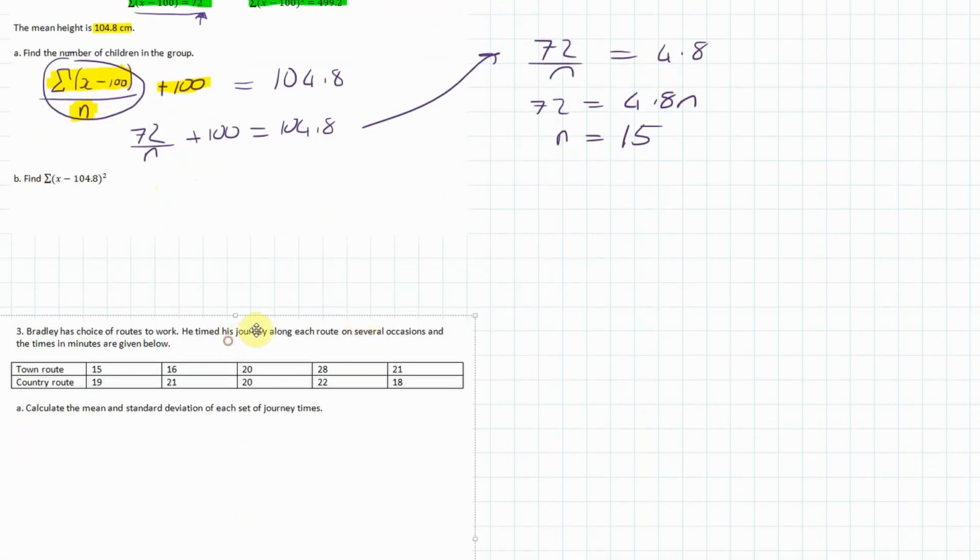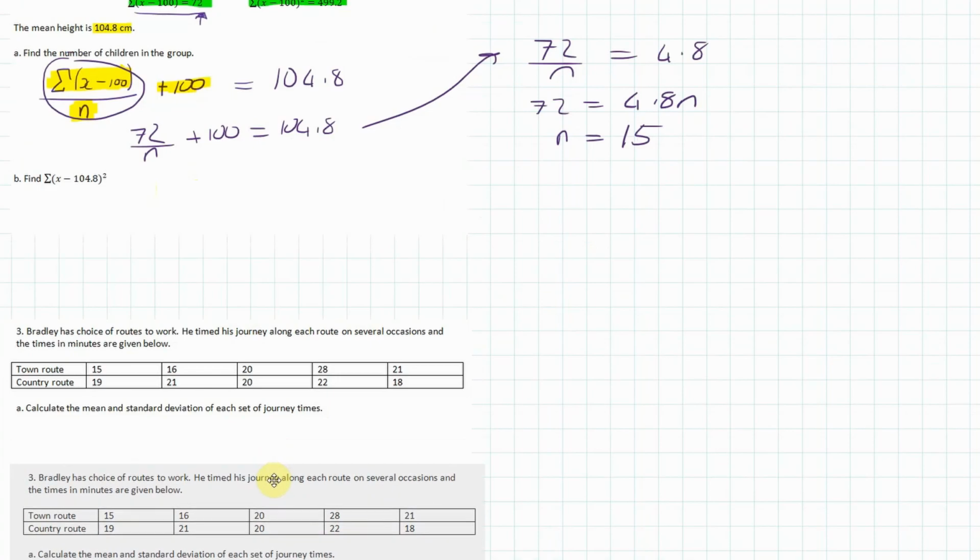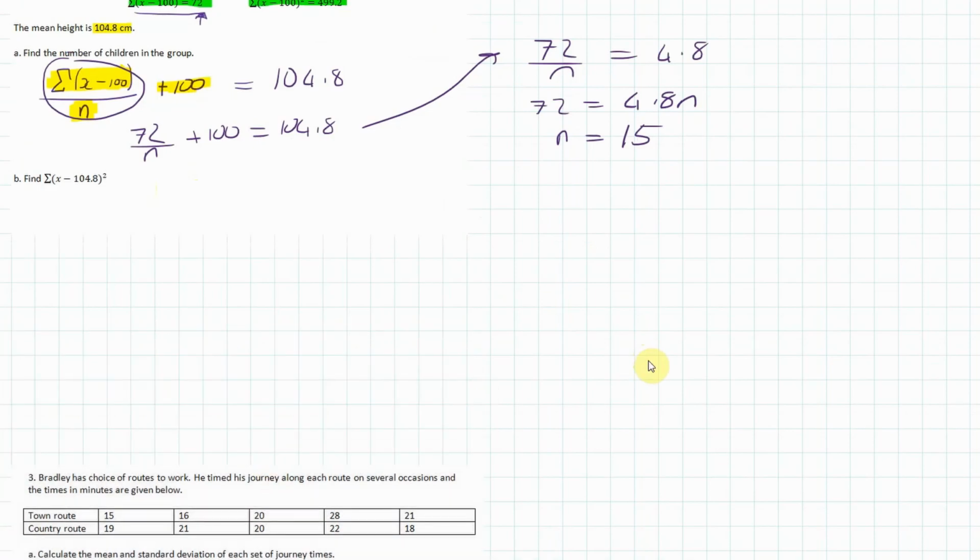Now, things are going to get a little bit more tricky. We've got to find the sum of (x minus 104.8) squared. What we're going to do for this is find the variance.